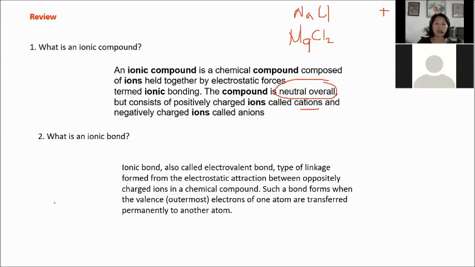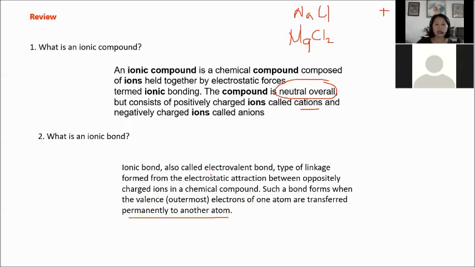So what is an ionic bond? The ionic bond is also called electrovalent bond. It is a type of linkage formed from the electrostatic attraction between oppositely charged ions in a chemical compound. Such a bond forms when the valence or outermost electrons of one atom are transferred permanently to another atom.